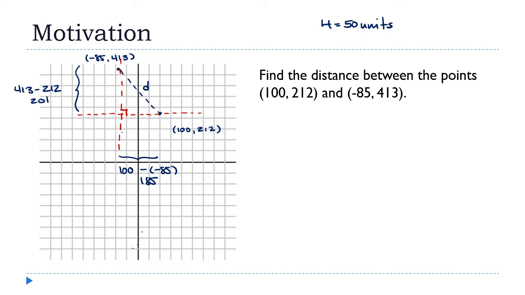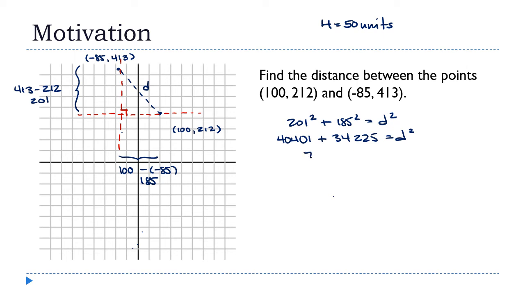201 squared plus 185 squared equals D squared. Right, and now it's just an arithmetic problem. This is 40,401 plus 34,225 equals D squared. Obviously, I worked these numbers out ahead of time.